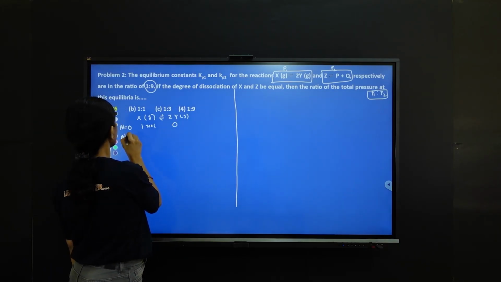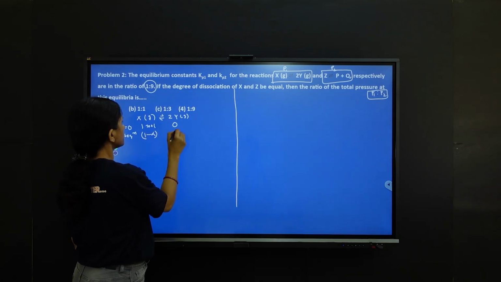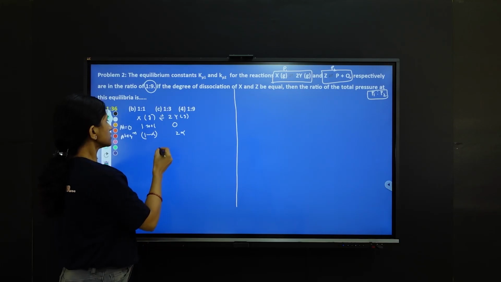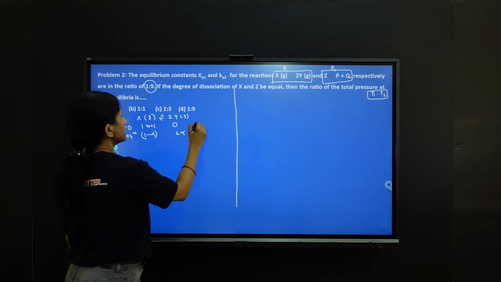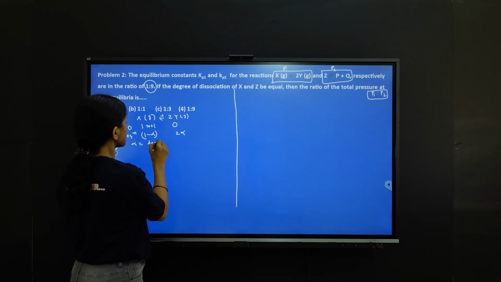At equilibrium, what can we write? We can write this as 1 minus alpha and this as 2 alpha, because 2 moles of Y are formed during this reaction, and alpha is nothing but the degree of dissociation.